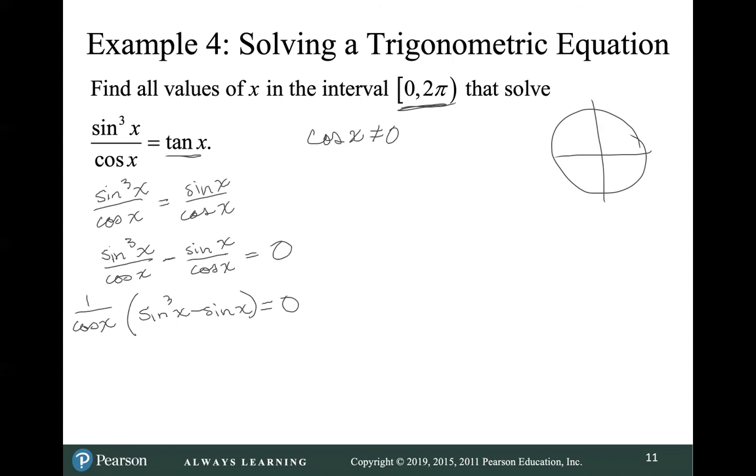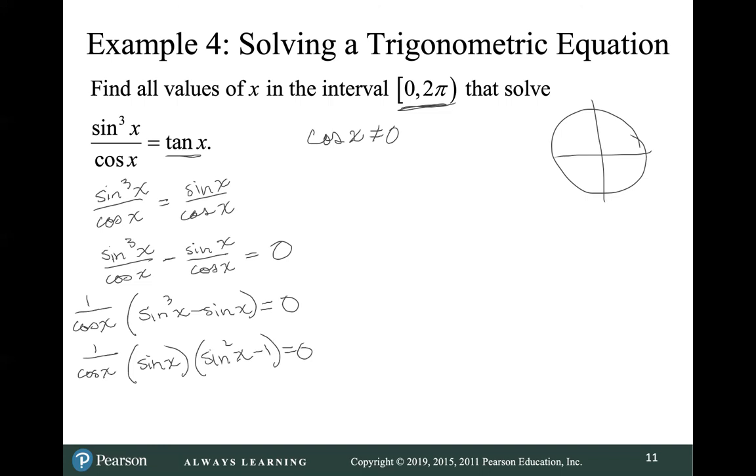If I have x cubed minus x, it does not become x squared. Be careful about that. We're not subtracting the exponents here. We're subtracting sine of x from sine cubed of x. Those are not like terms. But now I have 1 divided by cosine of x times, I factor out a sine of x, and I'm left with sine squared x minus 1 equals 0.